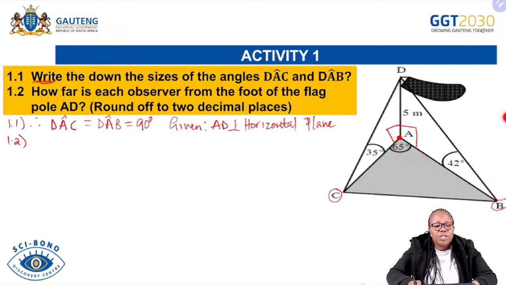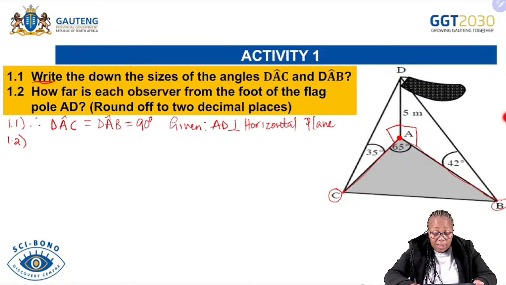It's very important to read your statement and understand what is required of you, okay? They say from the foot of the pole, and here is your observer. Can you see that? We are looking at the length of AC here, because it's from C to A, and also from A to B, because we are looking at both observers. After analyzing that, then you can answer the question.